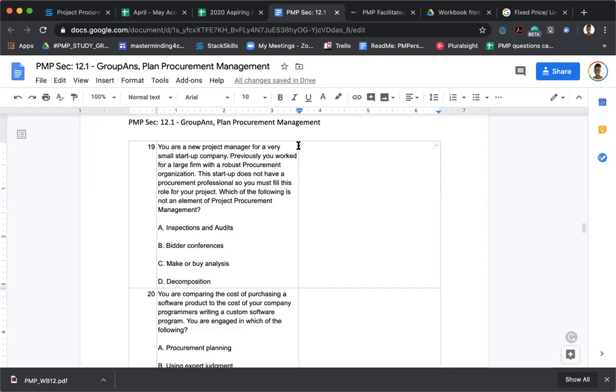Do you do that in plan procurement? I guess the assumption is we had the project charter as input, and then the business case. We can check. Yeah, let's check. D is it? It is.